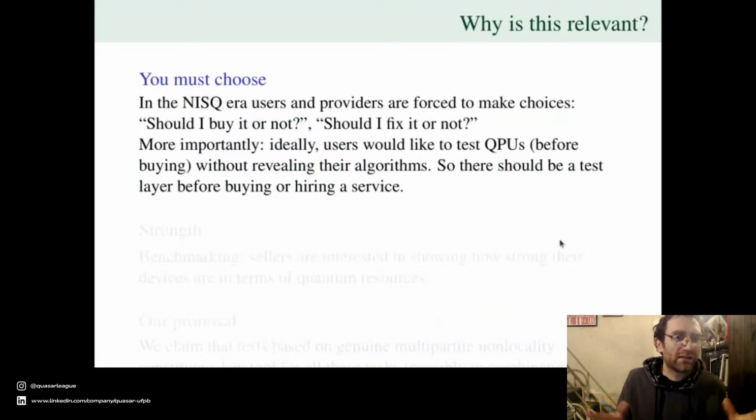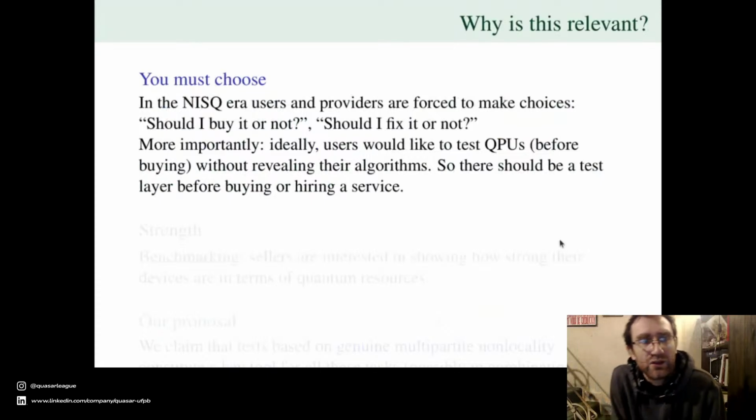Should I buy this device or not? Should I fix it or not? Should I hire this device or not? And more importantly, ideally, users would like to test quantum processing units before buying them, and without revealing their algorithm. So there should be a test layer before buying or hiring a service.